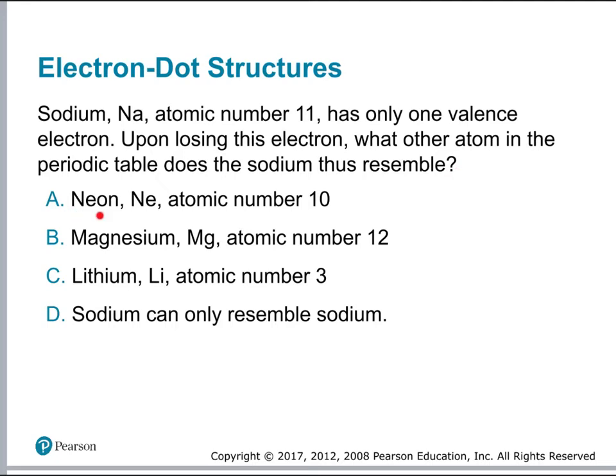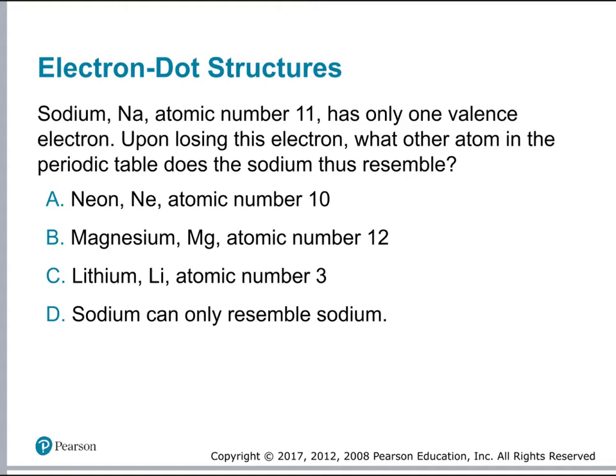Our options are neon, which has an atomic number of 10, that is 10 protons, 10 electrons, magnesium, which has an atomic number of 12, lithium, which has an atomic number of 3, or is the answer that sodium can only resemble sodium? Those are our options. What do you think? Pause the video, make your best guess.